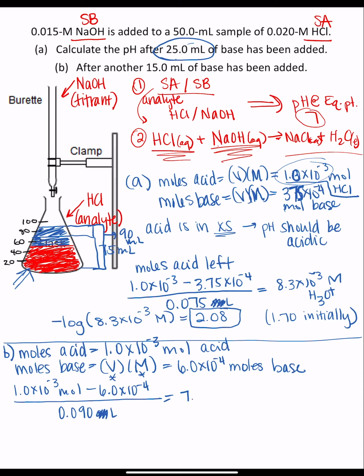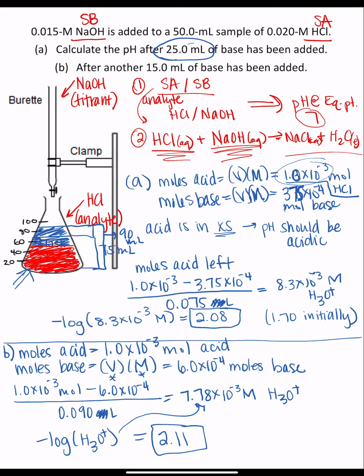And I think we come up with 7.78 times 10 to the minus 3 molar H3O plus. And if we take the negative log of the hydronium ion concentration, which happens to be that, we get a value of 2.11. Now we're still within the buffer region, so we should go up, but we shouldn't go up by a ton. And that's what looks like happened here.